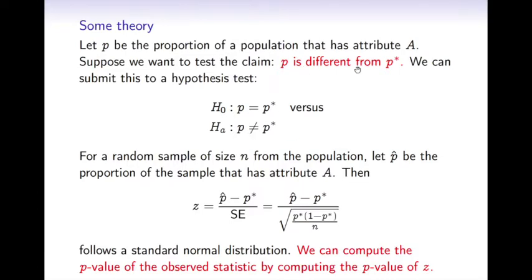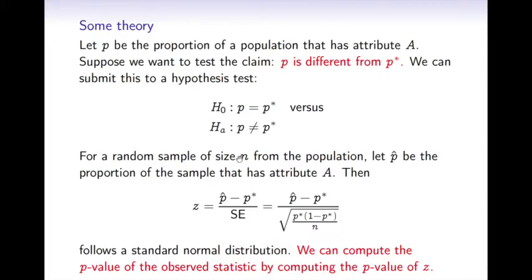I highlighted this just to emphasize that in place of "is different from," I could say p is greater than p star, and that would be reflected in a greater than sign here, or p is less than p star, and that could be reflected in a less than sign here. So we can look at any of these 3 ways of forming the alternative hypothesis, and we would know what to do here. This is not the new stuff.